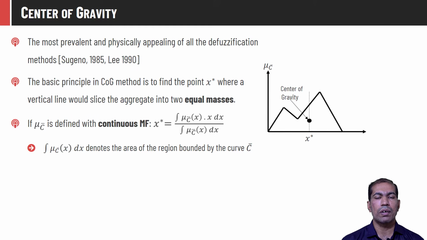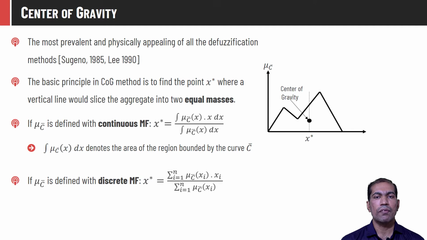And if the membership value is defined over a discrete universe, then the integration operation is replaced by summation. That means we can compute the discrete value with the formula x star equal to summation from 1 to n of mu C bar of xi into xi divided by summation of mu C bar of xi.